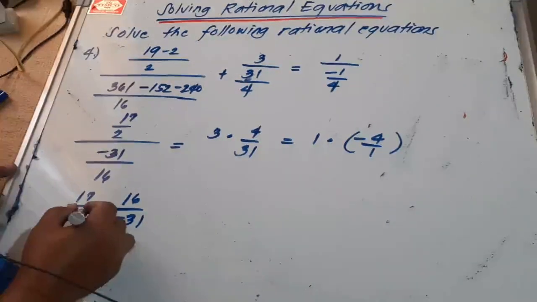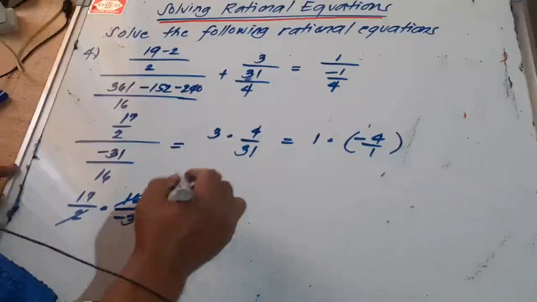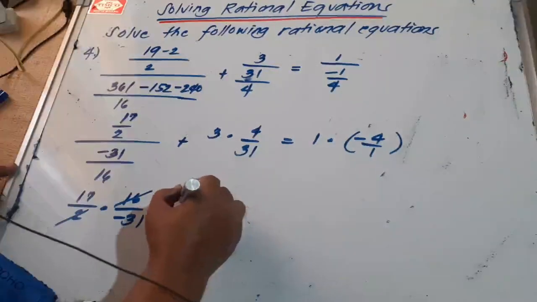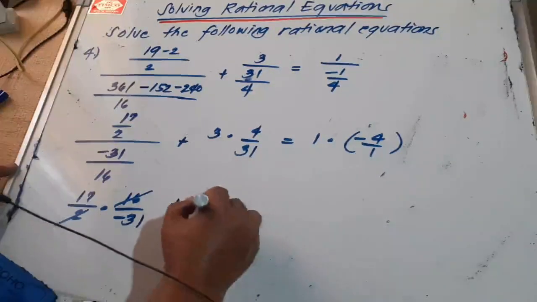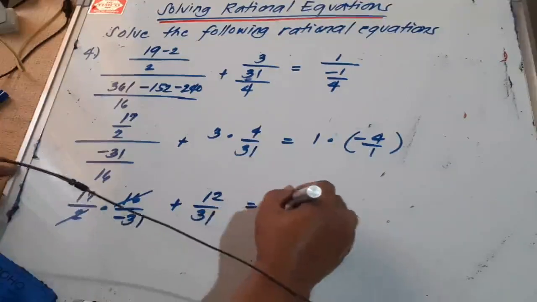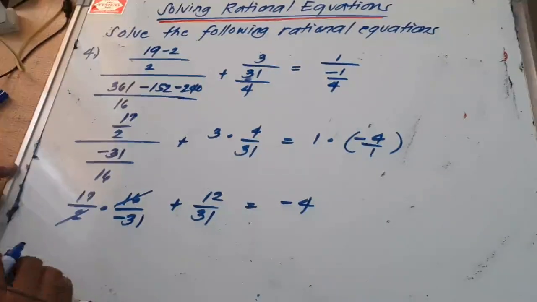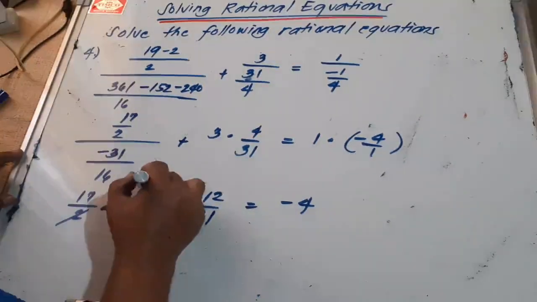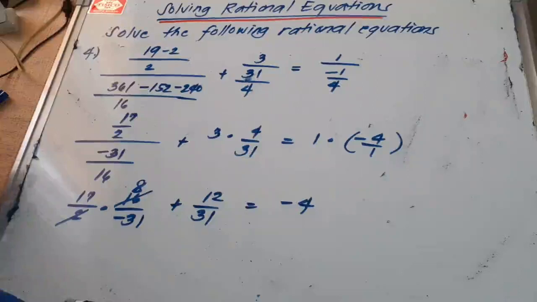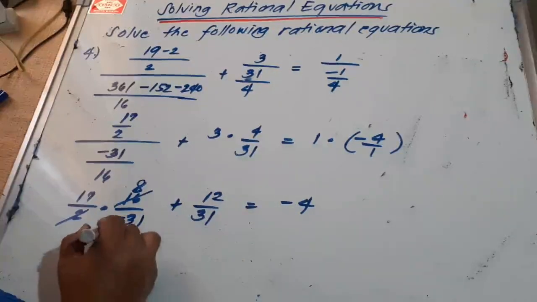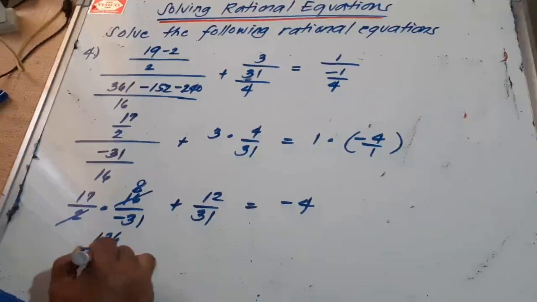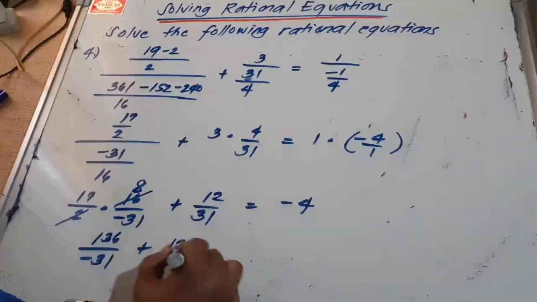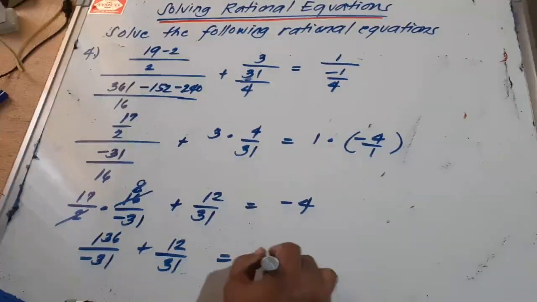So cancel natin ito. Sorry. Mali ito. It should be plus. So we have 12 over 31 equals negative 4. Okay. So we have 17. This will be 8. 17 times 8 is 136. So we have 136 over negative 31 plus 12 over 31 equals negative 4.